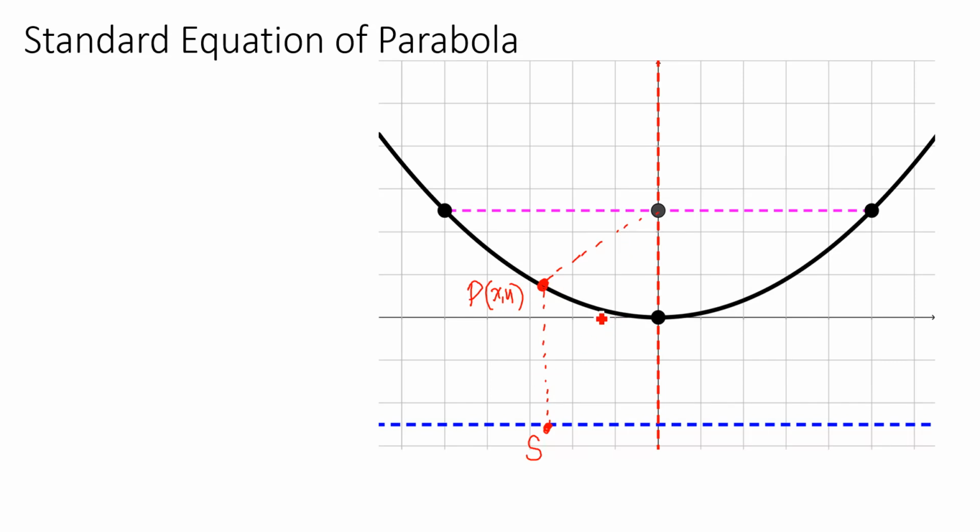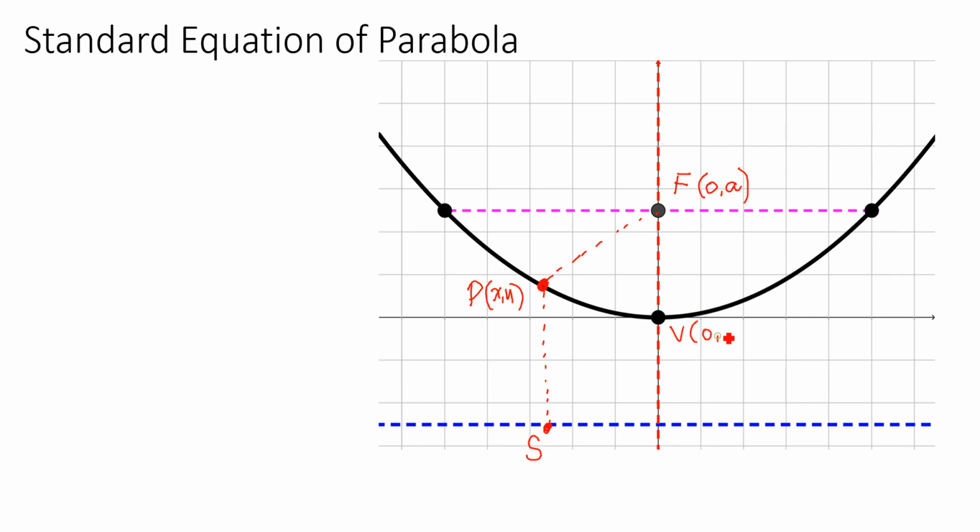Now, let's say the focus is F, and it has the coordinates (0, A). Why (0, A)? Let's assume that the vertex is at the origin.